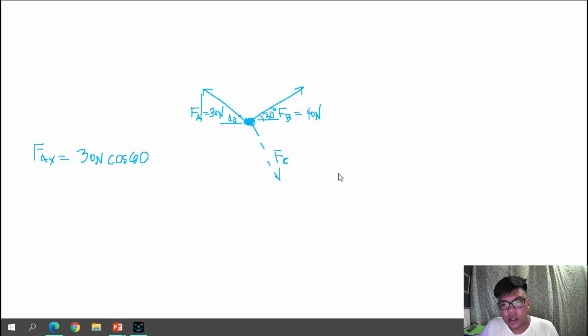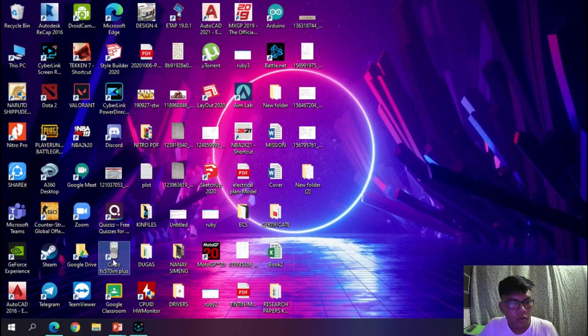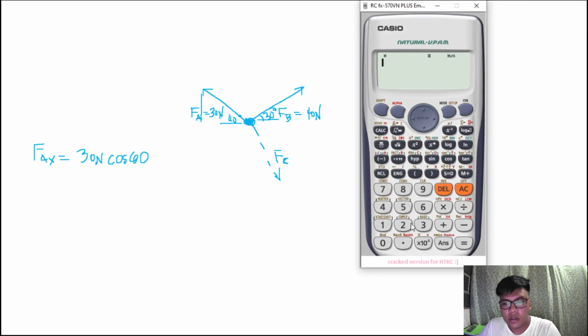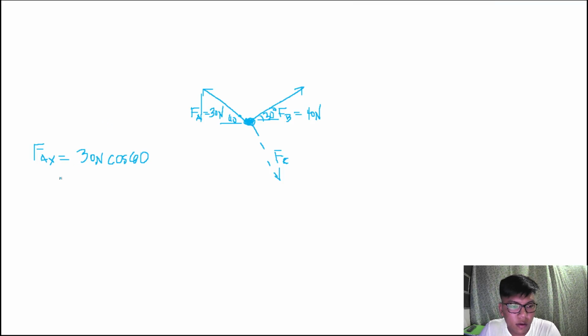So, kuha lang tayo ng calcu. Okay, so we have 30 cosine 60. So that is equal to 15. So we have 15 newtons here for F sub AX.